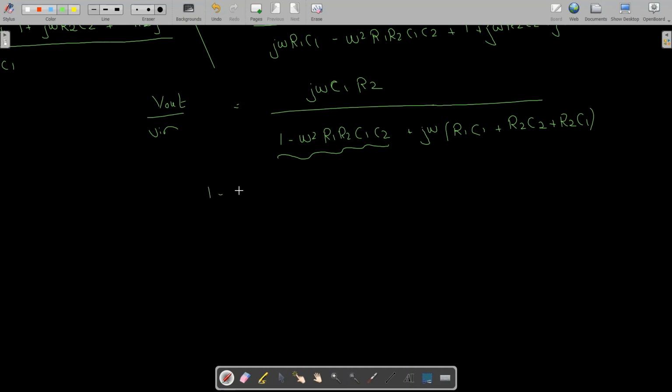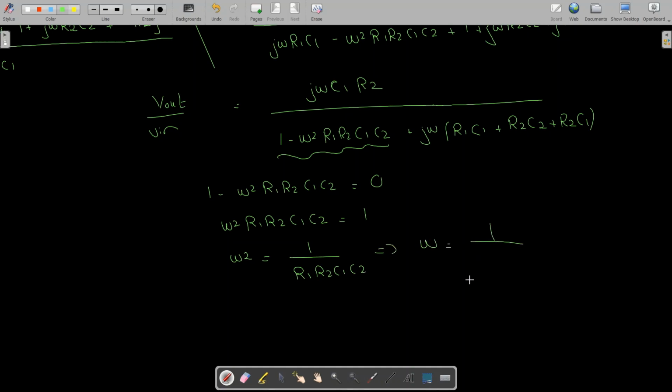So we are going to have 1 minus omega square R1 R2 C1 C2 equal to 0, which means that omega square R1 R2 C1 C2 is equal to 1, which means omega square is equal to 1 divided by R1 R2 C1 C2, which implies omega is equal to 1 divided by under root R1 R2 C1 C2.